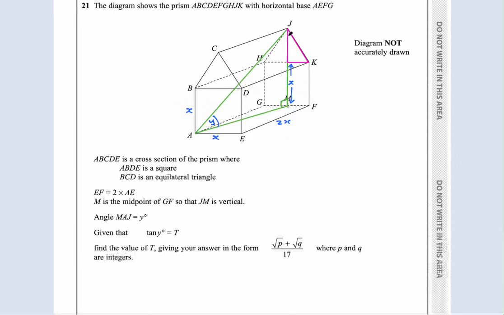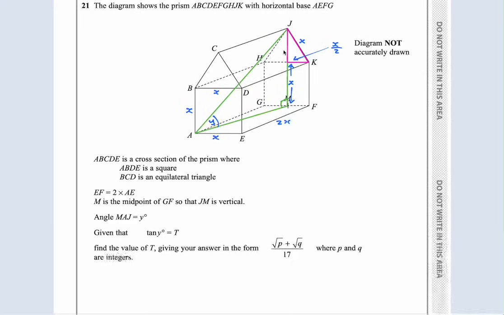So I know that this is x because it is an equilateral triangle. And this is also x because it's a square. That's x, so that's x, and that's x. This one here, this side, is x over 2 because it's half of that.